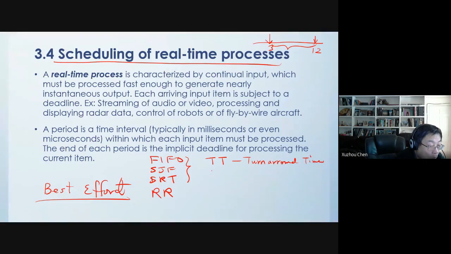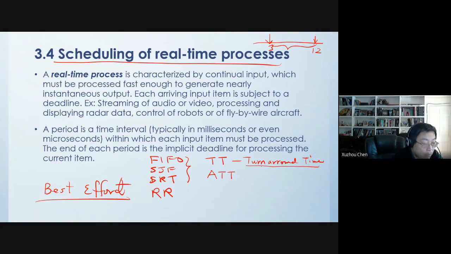Turnaround time is for each process. Each process has its turnaround time. But if you want the average turnaround time, you need to calculate the average of each of the turnaround times. If you have 4 processes, you calculate the average of the turnaround times for these 4 processes.